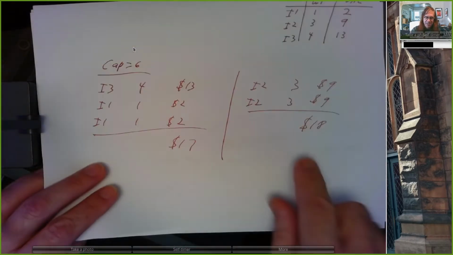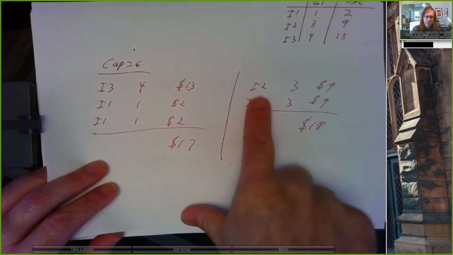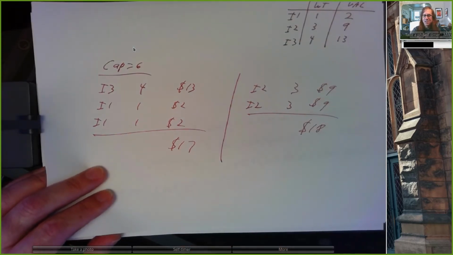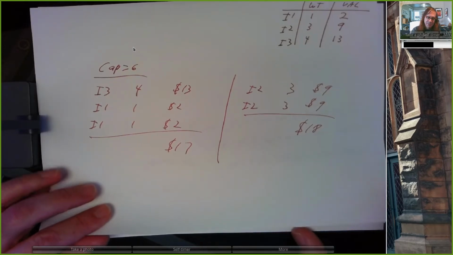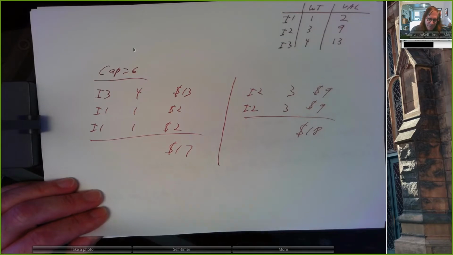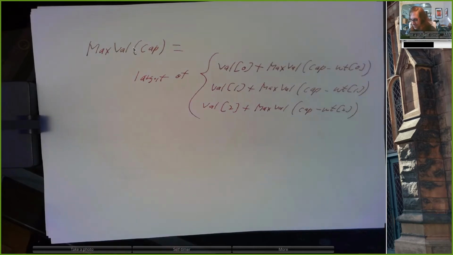Knowing not just that it's $18, but that you get that by doing 2 of item 2. Right? And you can run the sample code, you can see this working on the server. So we want to keep track of the collection of items that gives us this maximum value. So we're going to use something like this.